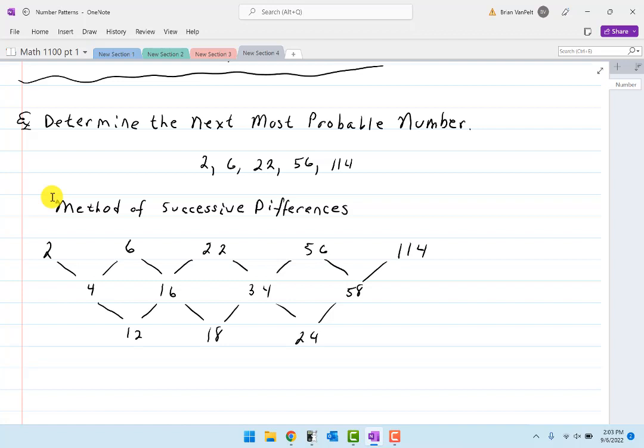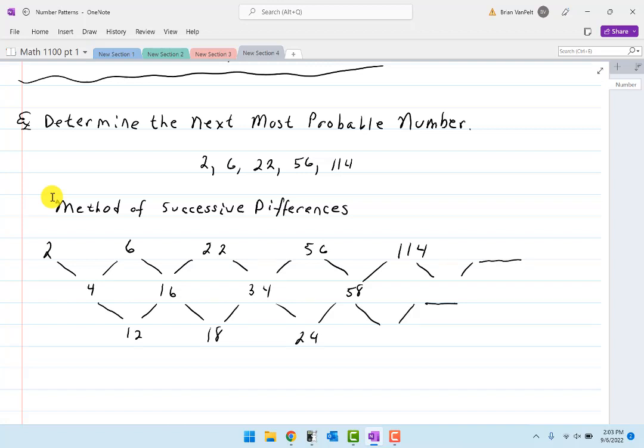Now at this stage you should see that we have a sequence that's working. If I look at just this last row, it goes 12, 18, 24. It's an arithmetic sequence. That means that in this problem, the number that comes next would have been made up of this and this, but I would have had a spot to fill in.